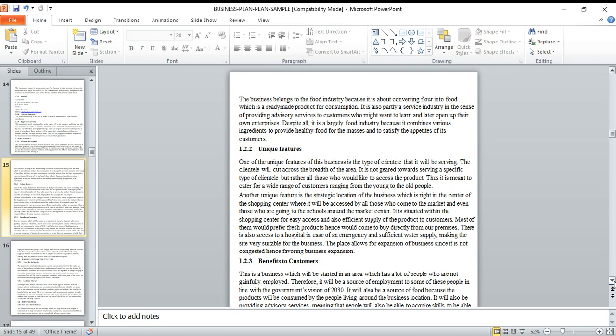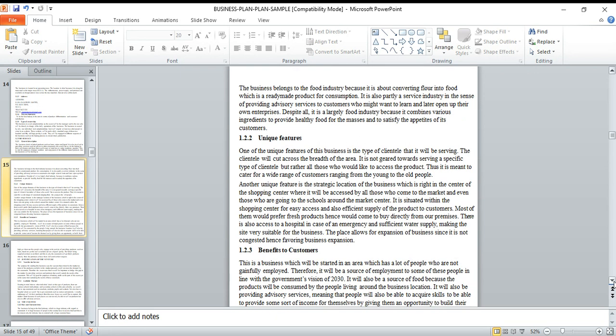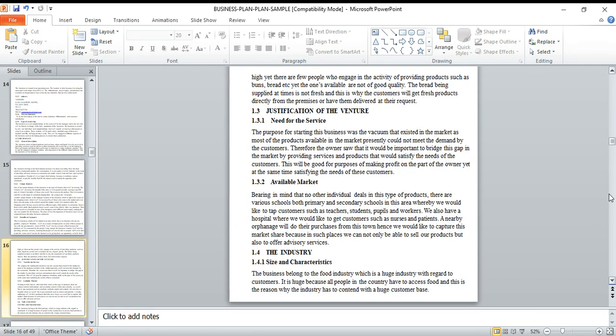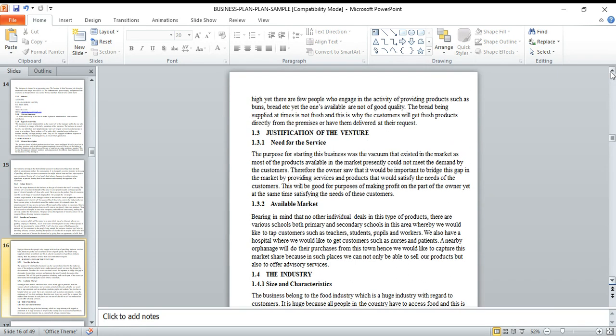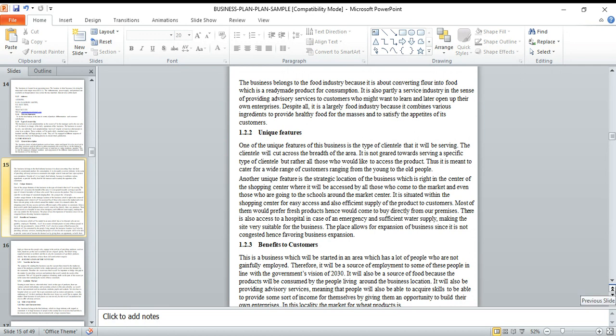Then we're talking about the benefit to customers. So what are the benefits this business will offer? One, even one of the benefits when you're starting a business is to offer employment and to provide solutions. Number two, what is the purpose of that? You look at things like providing meals. In this instance, this is a business which will be started in an area which has a lot of people who are not gainfully employed.